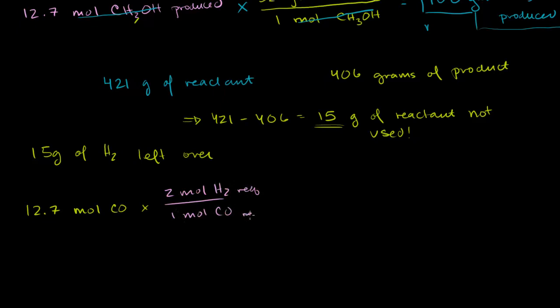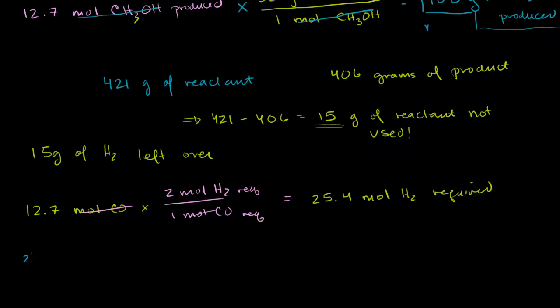That is required. So you know that this cancels with that. 12.7 times 2 is 25.4 moles of H2 required. And what is the mass of 25.4 moles of H2?